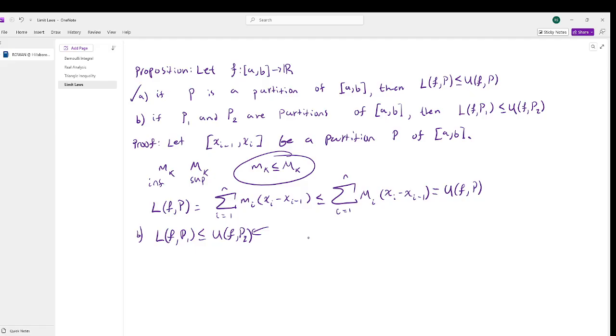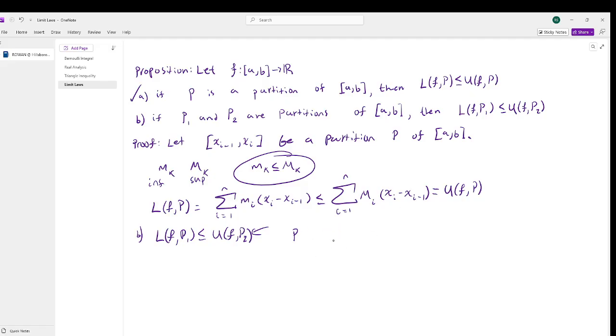One way to do this, which I'm going to show, is using the idea of refinements, which is a pretty simple idea. You take a partition P, and then a refinement Q is that partition plus some amount of points that makes the approximation of the area better.